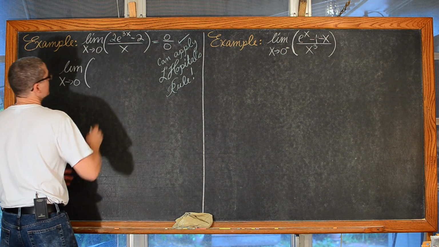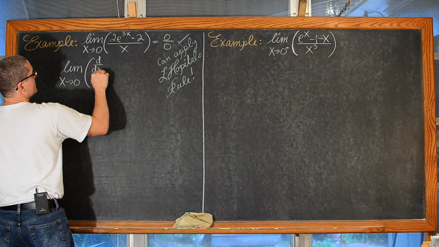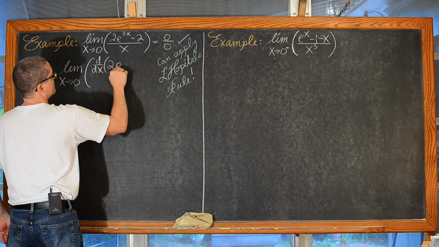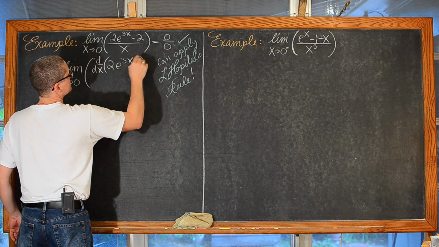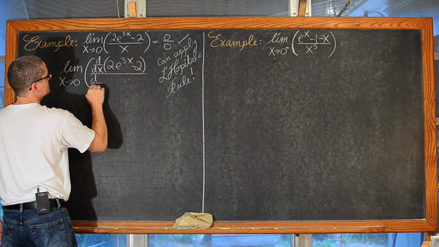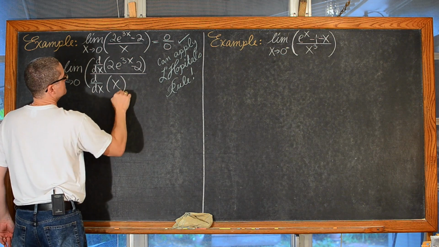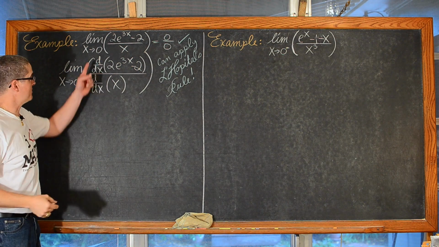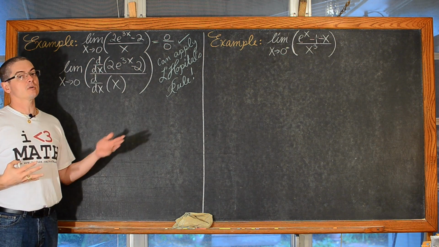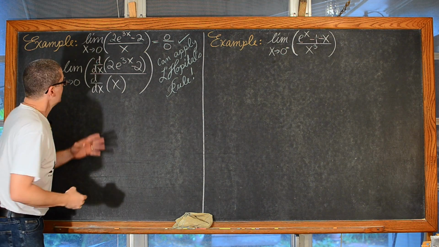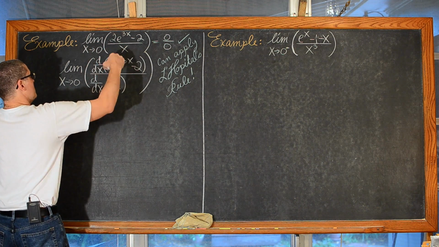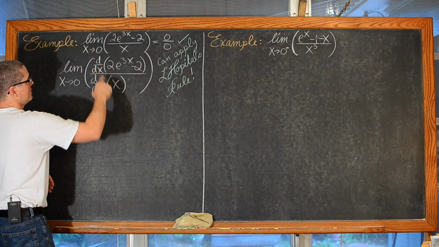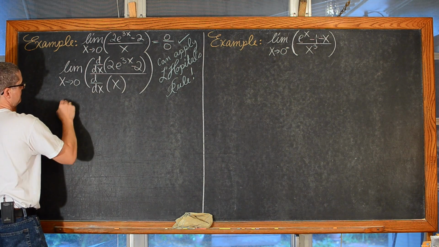And again, finding that derivative of the numerator and denominator separately. You probably will not want to write that notation and use an extra line of work too many times. But again, it's just a stress. You're not finding the derivative with the quotient rule. It's the numerator and denominator separately.